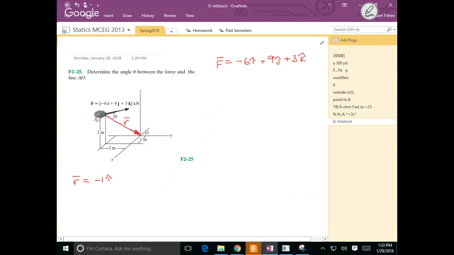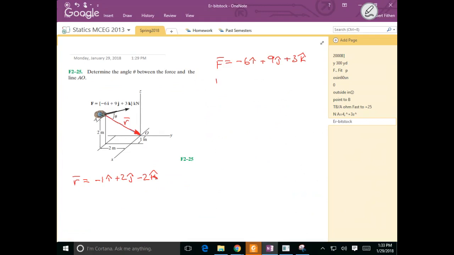It goes in the Y plus 2J, and it goes down. Did I do that right? Okay, so it goes back along the X, out along the Y, and down along the Z. Does that make sense?